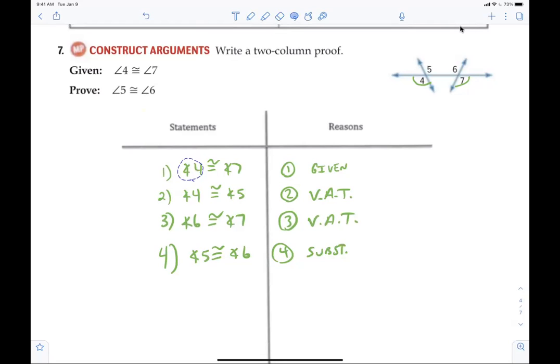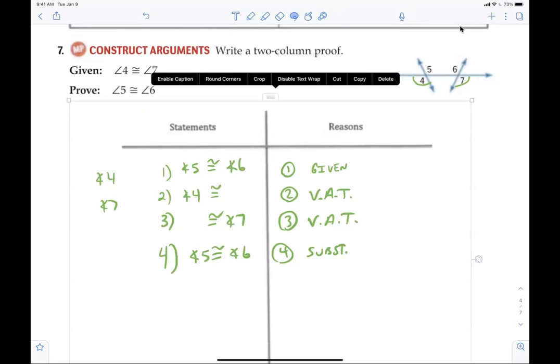It already says in 1, angle 4 is congruent to 7. So now I'm going to substitute in angle 5. And angle 7 is congruent to what? So I'm substituting that in. All I'm doing is just replacing one equal for another equal.